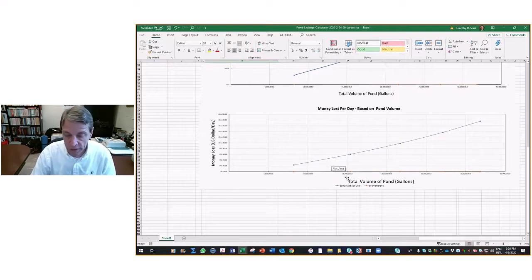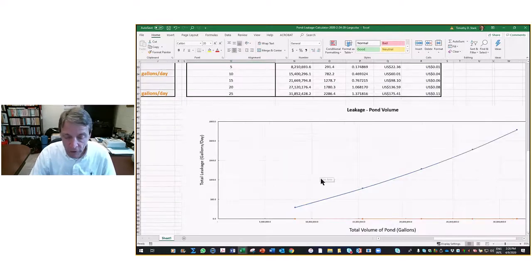So the horizontal axis is the volume of the pond, and the money lost in dollars per day due to leakage. So if you look carefully at the graph, the geomembrane is at 0. So it really doesn't matter. The hydraulic conductivity of the geomembrane is so low, the volume of the pond doesn't matter. The leakage is always low.